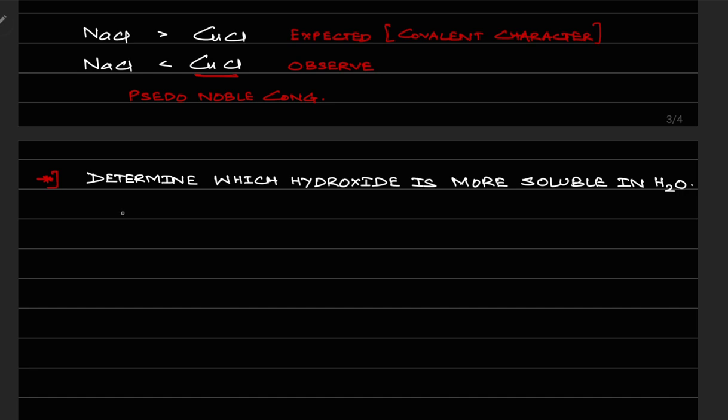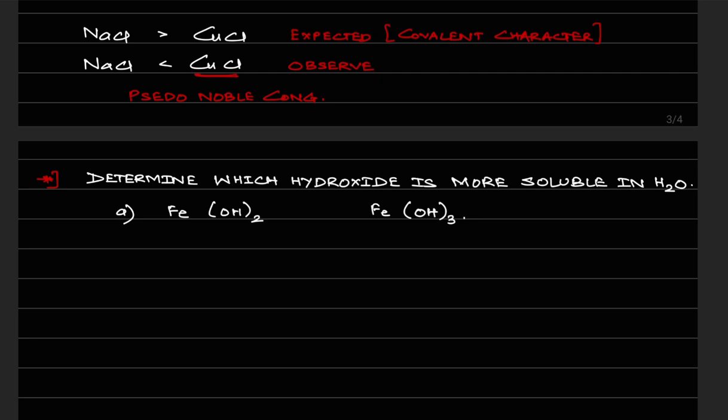And the options for you are Fe(OH)2 and Fe(OH)3. So you have ferrous hydroxide and ferric hydroxide, and you have to decide which is more soluble in water.